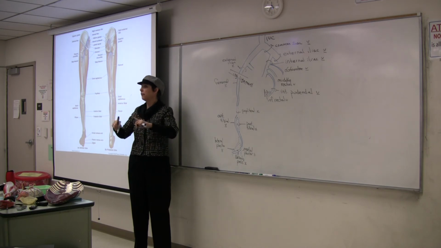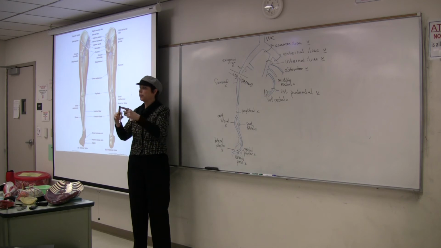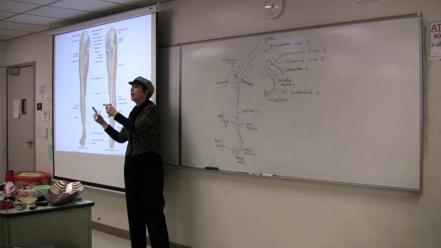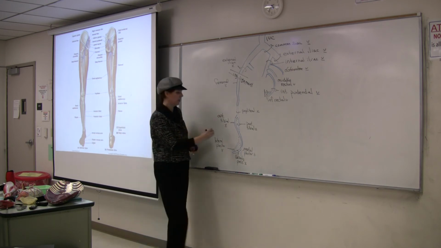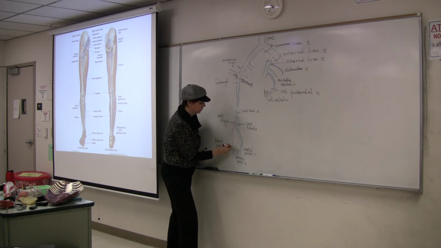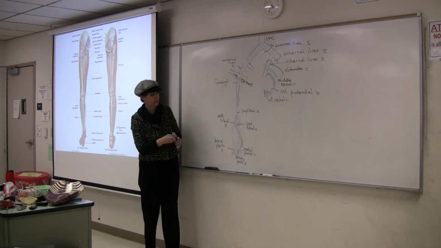Anterior and posterior tibial vein come together to form the popliteal vein. Fibular vein drains into the posterior tibial. Fibular artery is a branch of the posterior tibial. So here's our fibular vein, draining into posterior tibial.